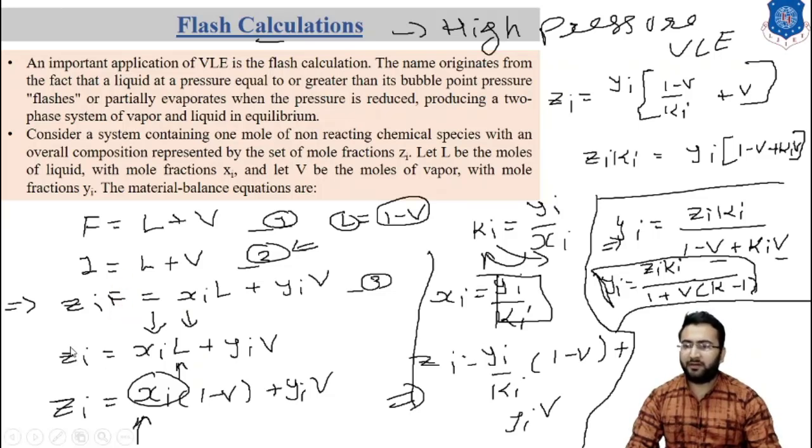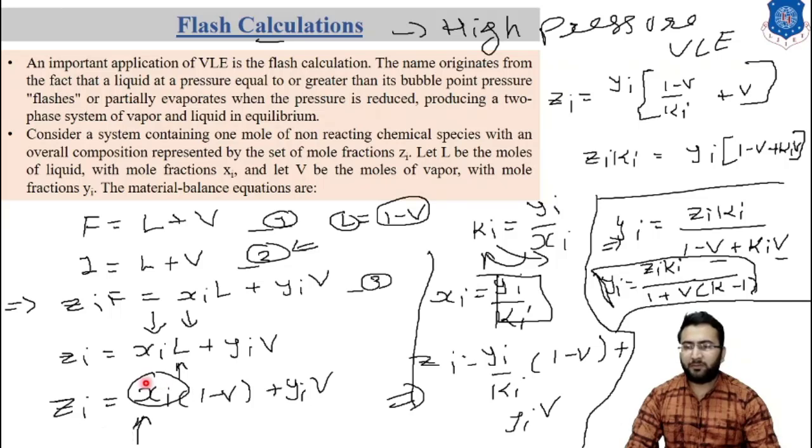Total mole is 1. By taking total mole as 1, we will get F is equal to 1. So this equation becomes Zi is equal to XiL plus YiV. So this Zi is equal to Xi into 1 minus V, replacing this L with 1 minus V, we will get Xi into 1 minus V plus YiV.